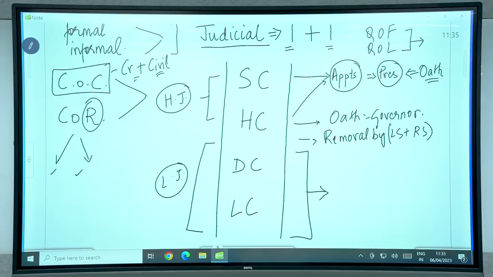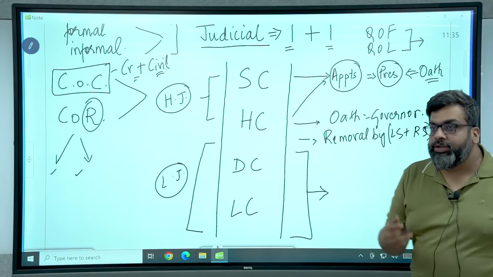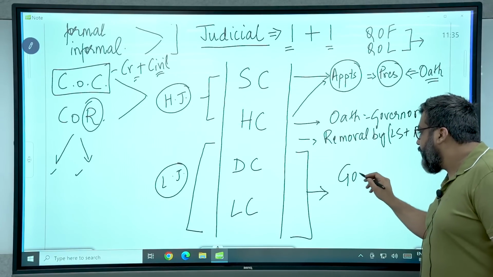Lower courts, yes. Are we clear on this? This includes Gram Nyayalayas, civil and criminal courts, and district courts. Now, are we okay with the lower judiciary? So, if in our prelims exam we get a question, who appoints judges to the lower judiciary? It would be the governor.